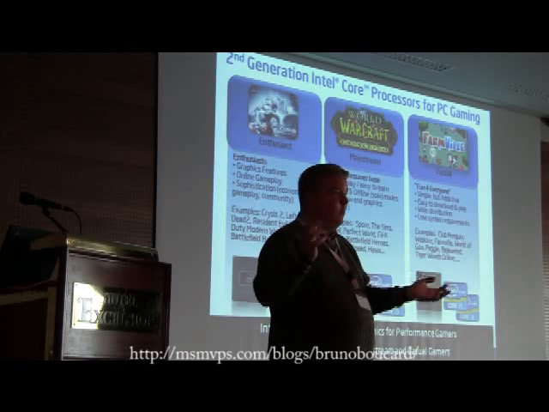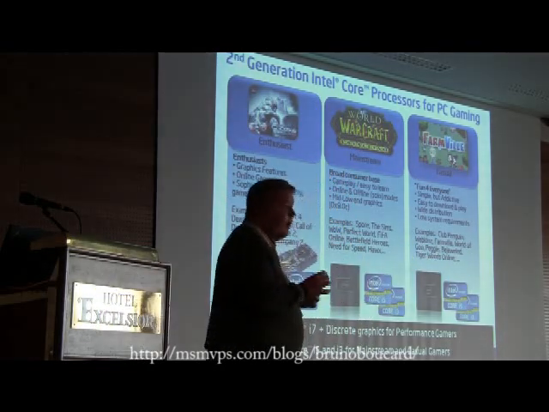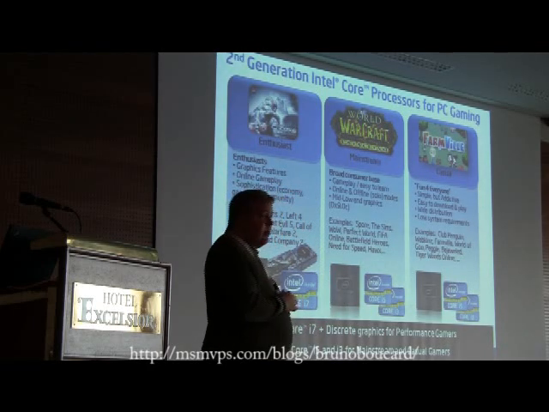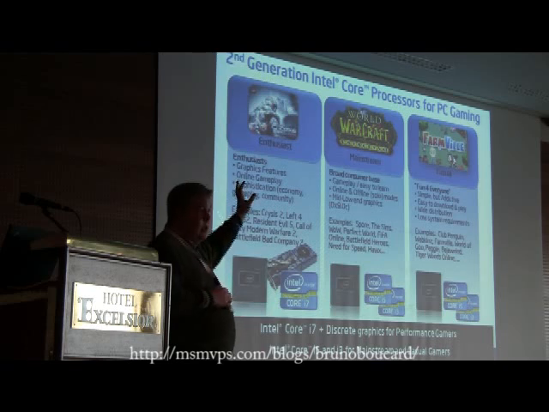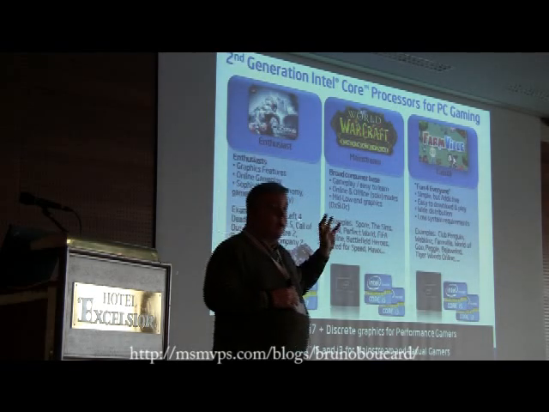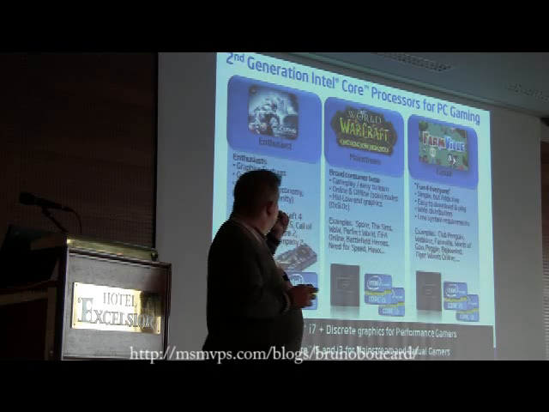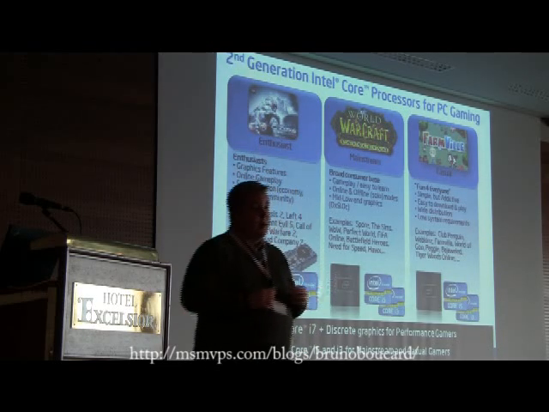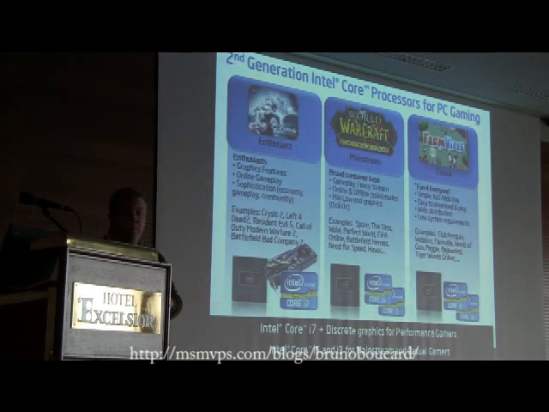You know, we're pretty good, but we can't make magic happen. So when you talk about Core i7 and the enthusiast crowd, games like Crysis, Battlefield 3, etc., those are still going to use pretty much discrete graphics cards. Whereas World of Warcraft, Farmville, and similar games will run just fine with the integrated graphics on the CPU. Okay?